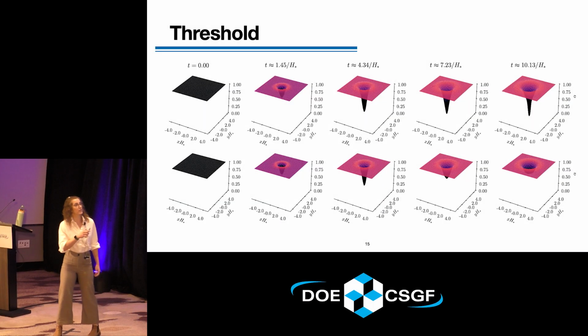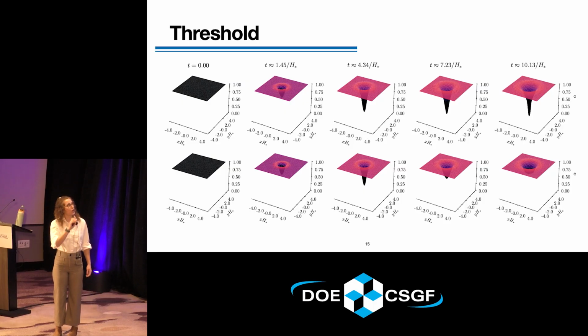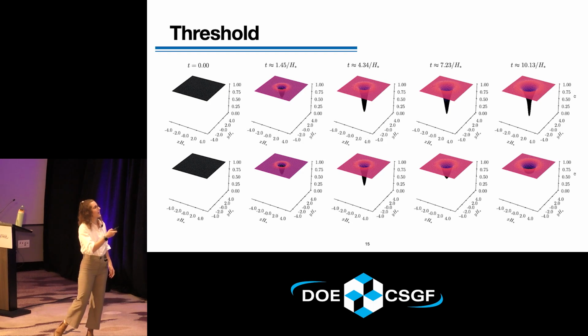So here, I'm showing two-dimensional output of the field, or of the code, I'm sorry. And we're looking from left to right through time. So this is the start of the simulation. And I just want to focus on this first row to begin with. So this is a two-dimensional output of the field.